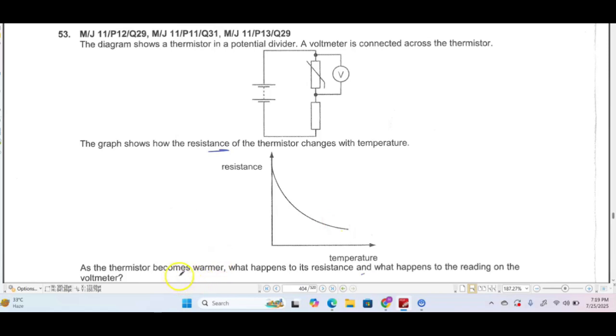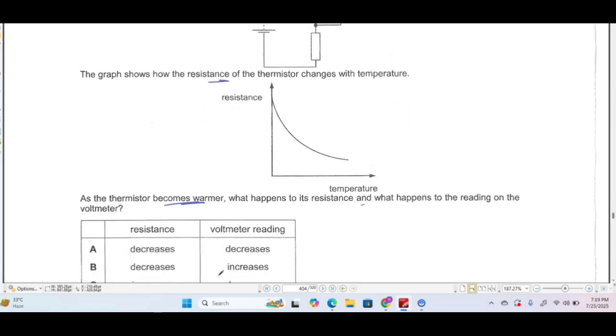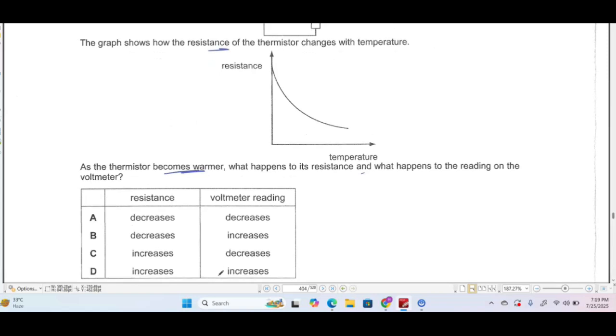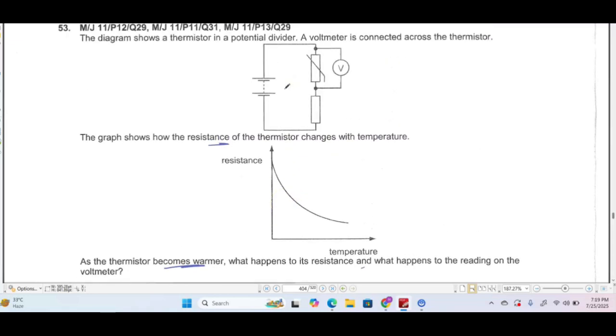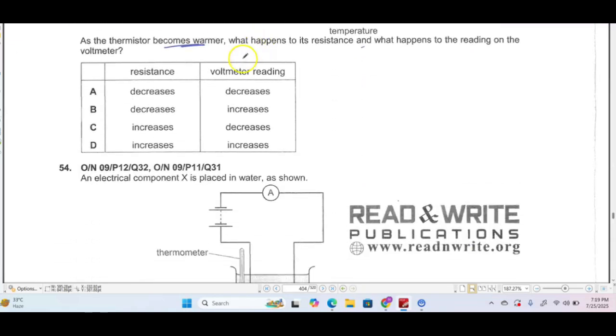And they've told us in the statement as well that the thermistor is becoming warmer. So when the temperature increases, the resistance of the thermistor is going to decrease. And then the reading on the voltmeter, which is connected to the thermistor over here, is also going to decrease. We will look for an option which says decrease and decrease. So A is our correct option.